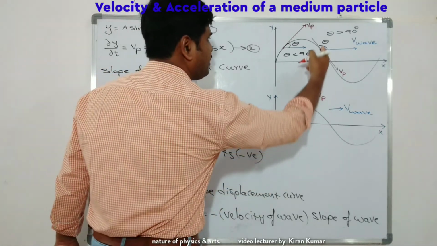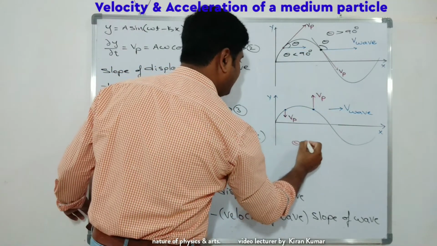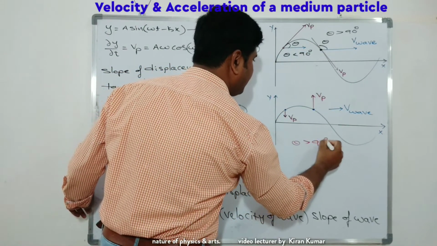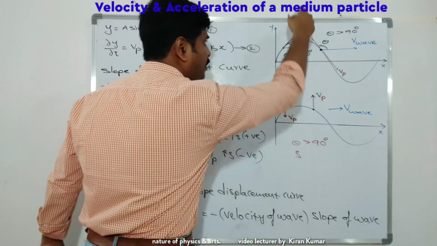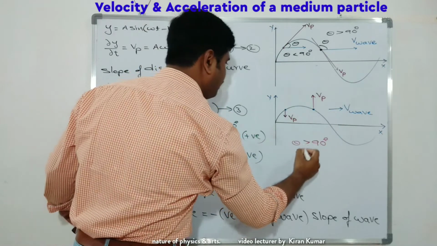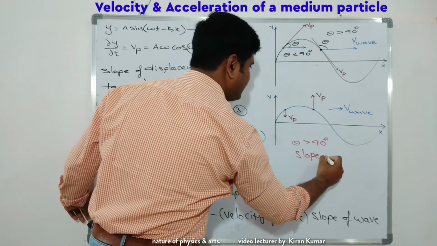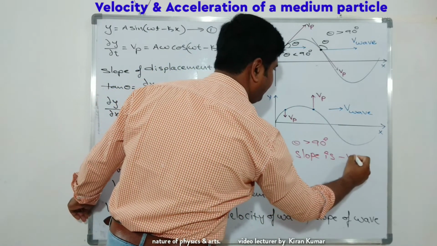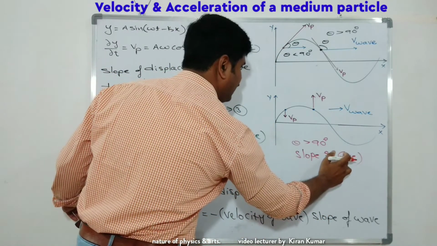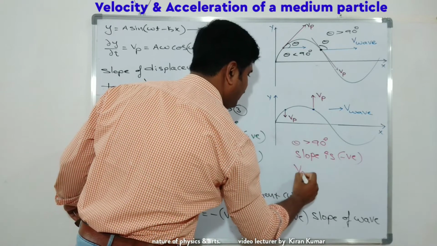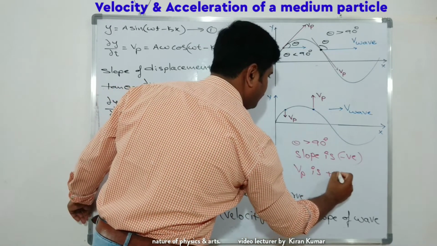Next, in this situation theta is greater than 90 degrees, so the slope is negative. We can observe that the slope is negative. Then the velocity of the particle is positive, so Vp is positive.